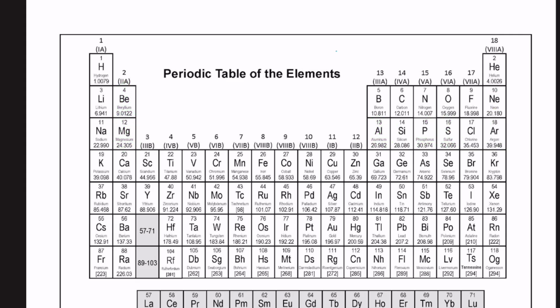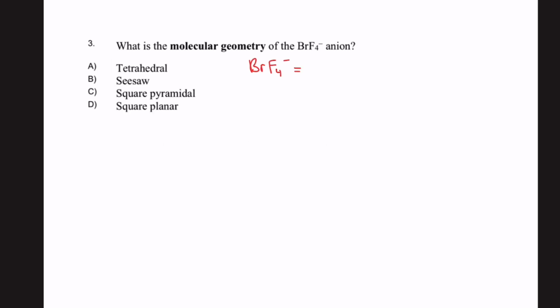So bromine is in group 7. So I know that it has 7 valence electrons. And so is fluorine. So I have 4 fluorine, so I'm going to multiply that by 4. And it does have a charge of -1, so I'm going to add 1 more electron.